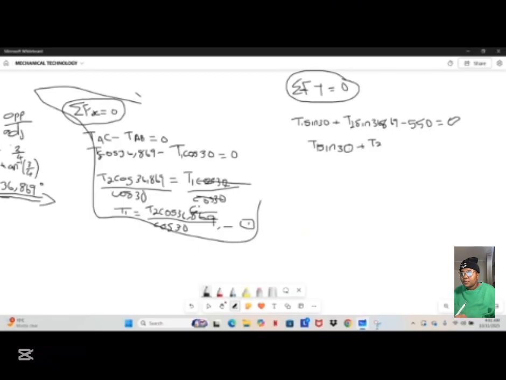T2 cos of 36.8669 divided by cos of 30. Then we're going to put everything inside the bracket so that we can introduce the sine. Multiply by sine of 30.